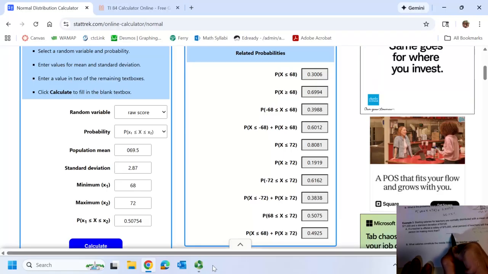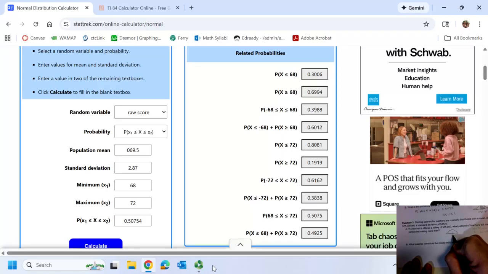So 75,000, we know our mean goes in the middle. That's that 71,000. I'm just going to do 71, right? We know it's 71K. And the person is offered 75, so that's to the left. So this person makes more than what percent of the others? So percent, right? This is probability.